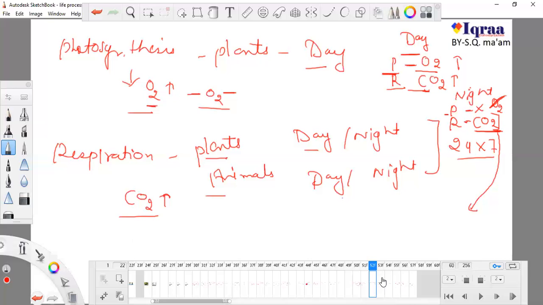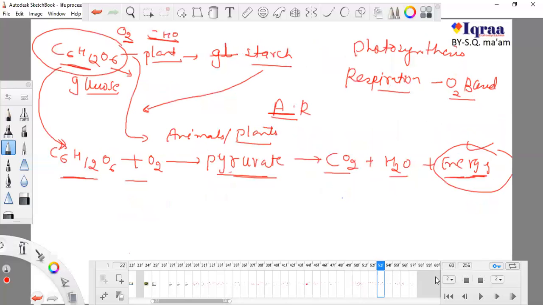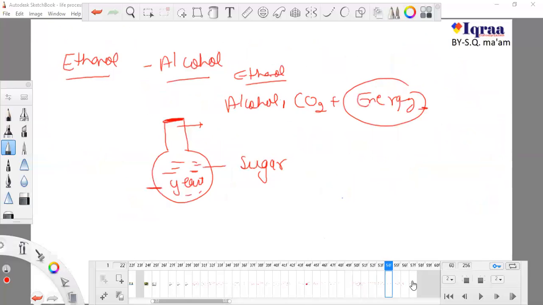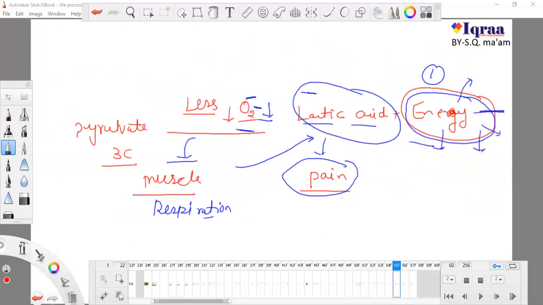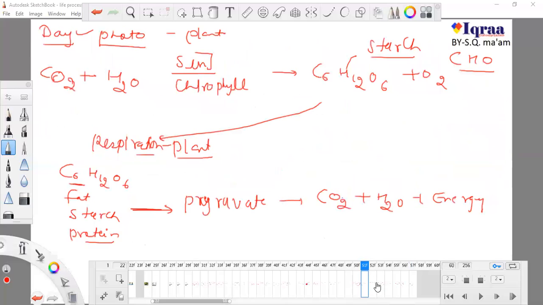Okay, so next thing I want to tell you is that in these two types of reactions, the carbon dioxide which is utilized by plants is the same carbon dioxide which is released by plants and animals during respiration. Don't forget this.